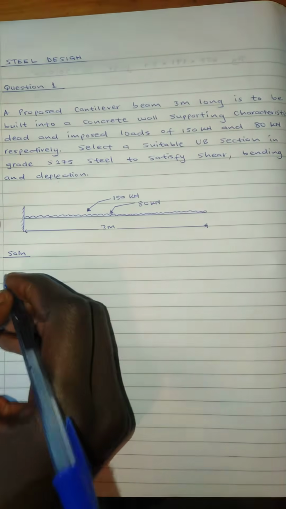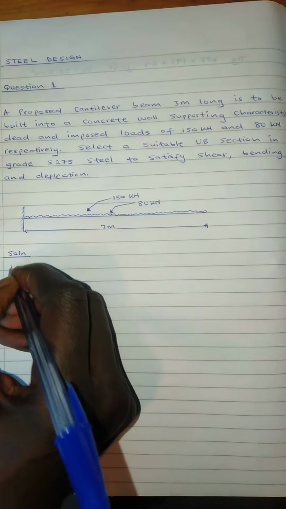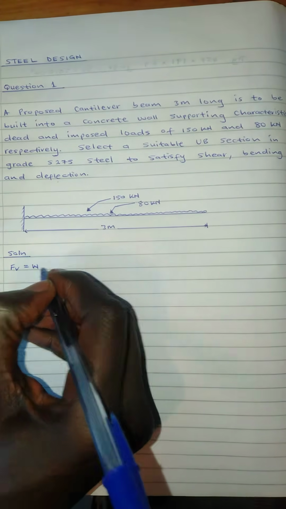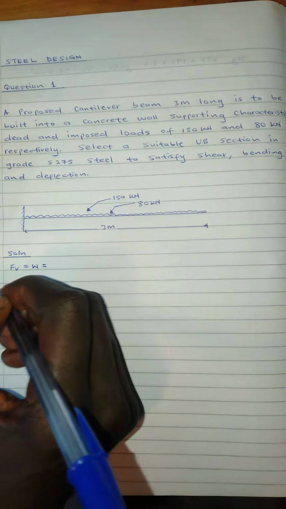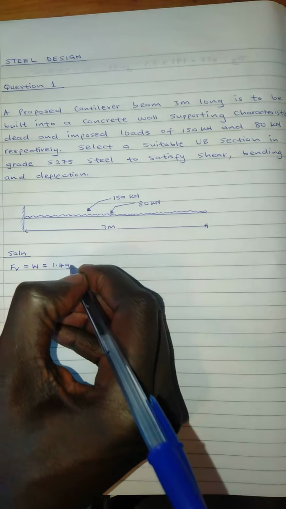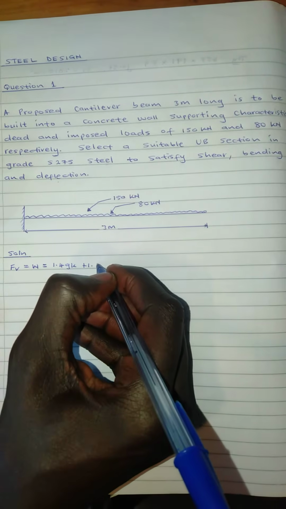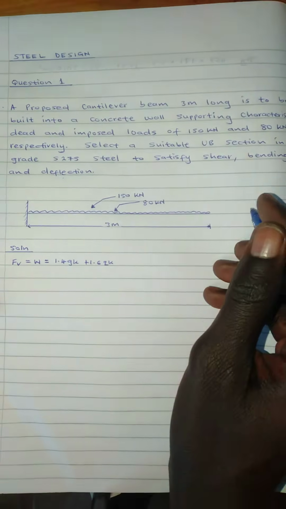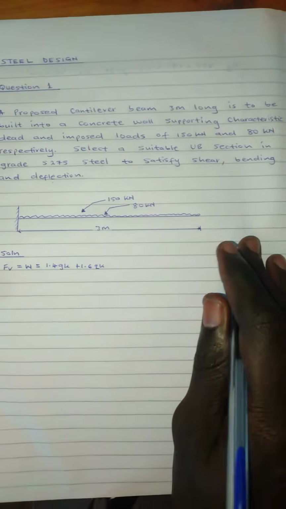So, solution: we have to find the shear force, which is also equal to our W, or our load. The formula is 1.4 GK plus 1.6 QK. What we are doing there is just factoring the loads.